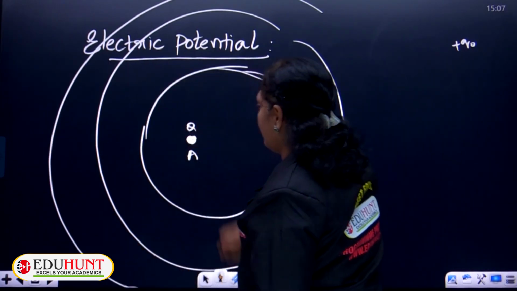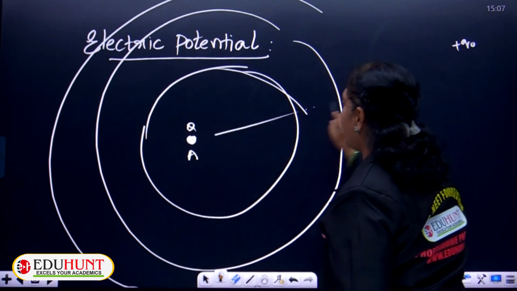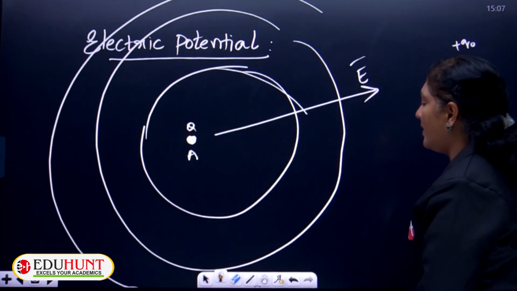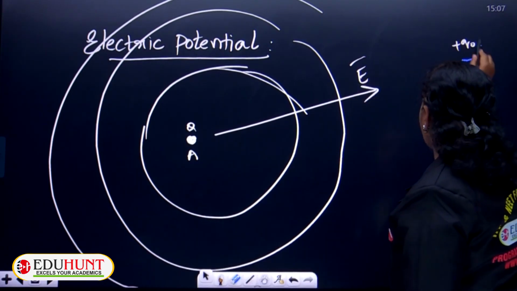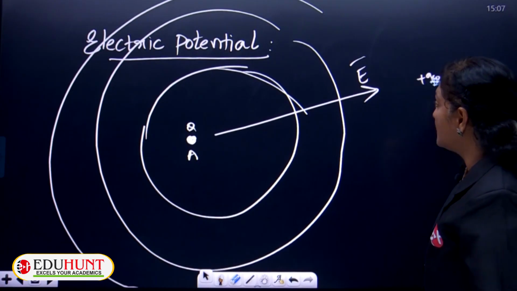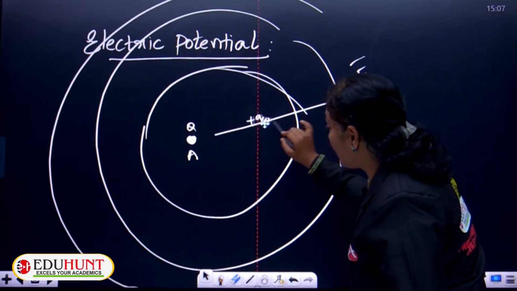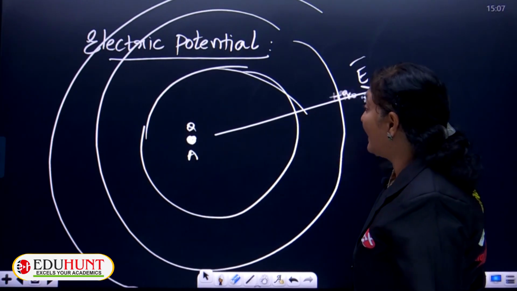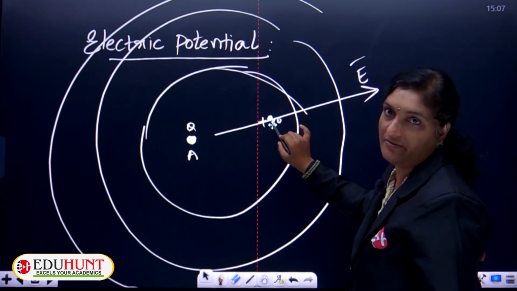As this is a positive charge, the direction of the electric field lines will be away from it. Now, what we are doing is trying to bring this unit positive test charge along this path, against the direction of the electric field.